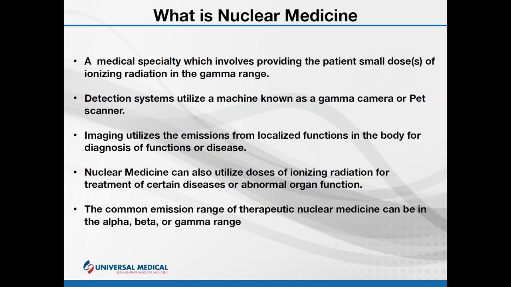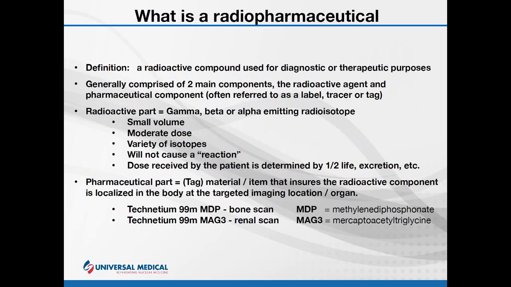This therapy can be targeted to specific organs or functions, such as therapy for the thyroid or even cancerous tumors. Nuclear medicine generally utilizes gamma, beta, and alpha rays, which are forms of ionizing radiation. The most common form being the gamma ray, hence the detection device having the name gamma camera.